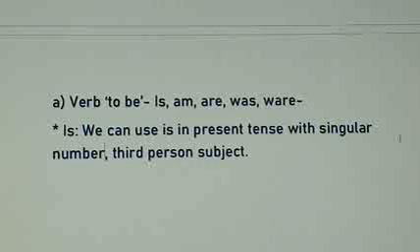Okay, now let me take you to another auxiliary verb, which is am.